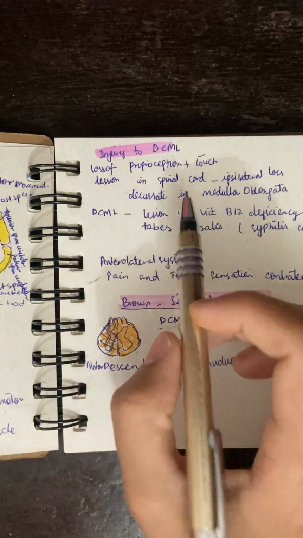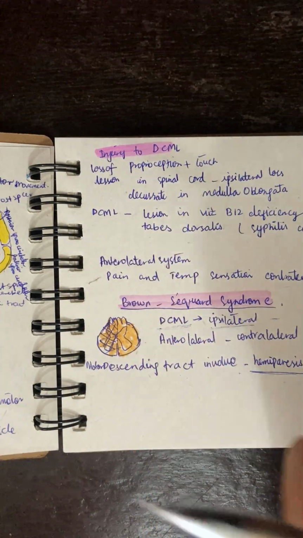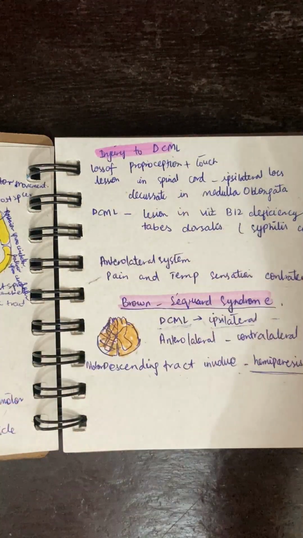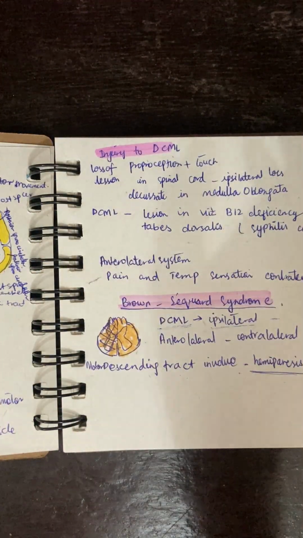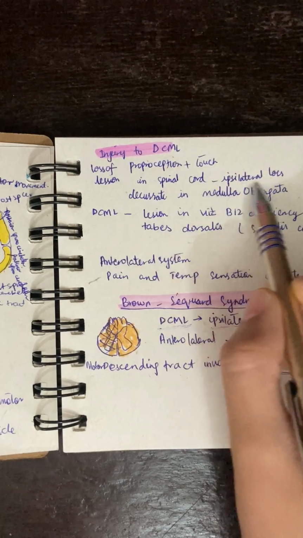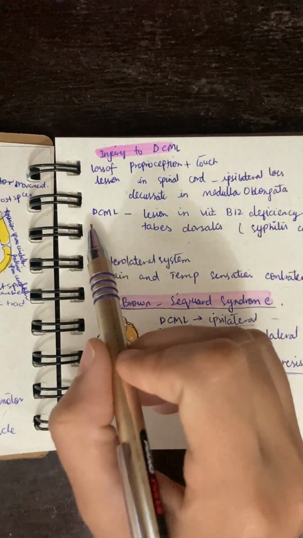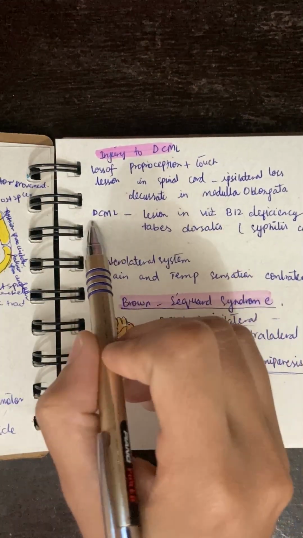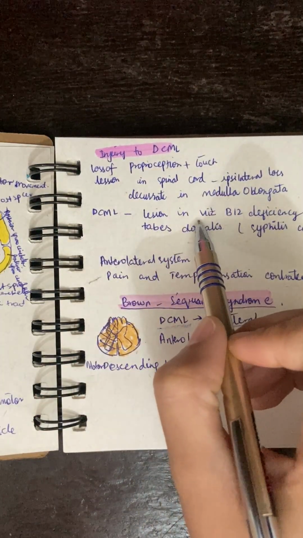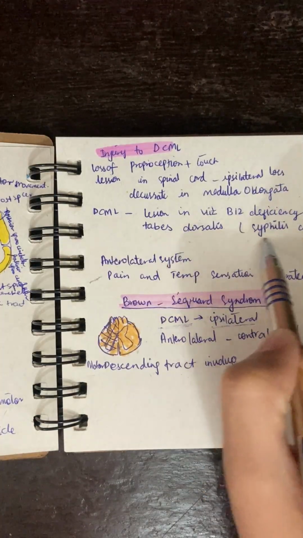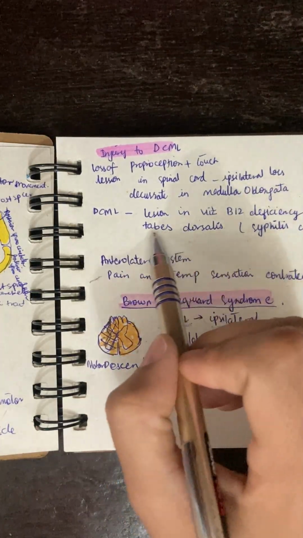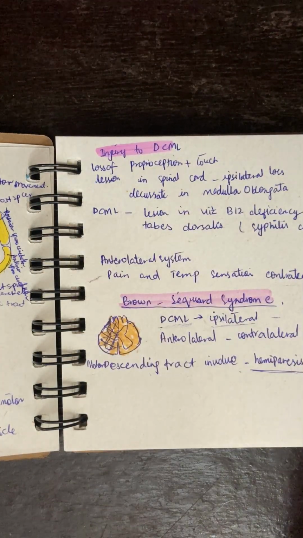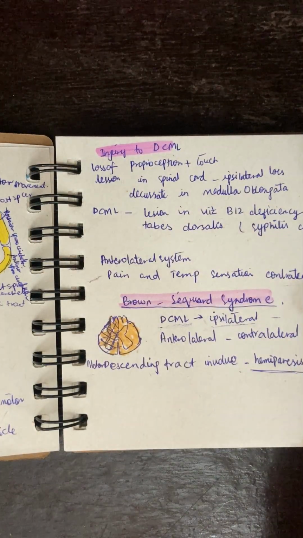Now, if the lesion is at the level of spinal cord, as we know that there is decussation at the level of medulla oblongata, there is loss of information on the ipsilateral side. The dorsal column medial lemniscal pathway is affected in vitamin B12 deficiency, and in syphilis complication there is a disease called tabes dorsalis, in which the lesion is harming the dorsal column medial lemniscal pathway.